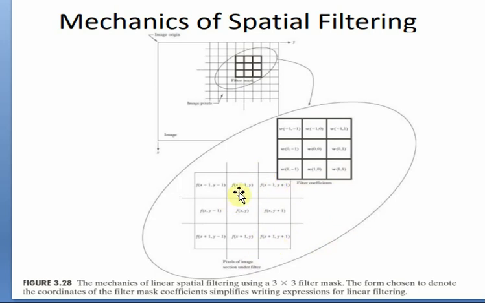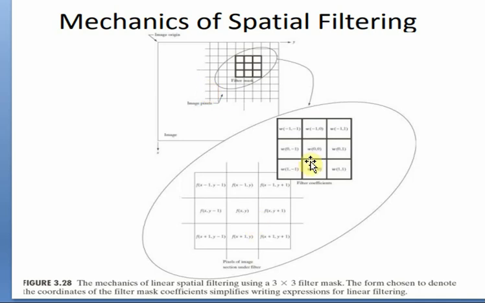Consider the 8 neighbor pixels of f of x comma y plus 1 and perform the operation, and the modified value is stored in g of x comma y plus 1. Like that, the mask is placed in the input image, the operation is done, and the value at the center pixel of the mask is changed according to the input image, and the mask is continuously moving to change the value at each location.